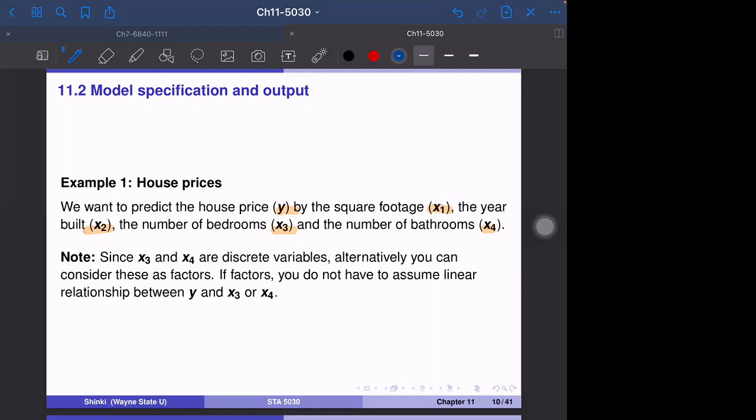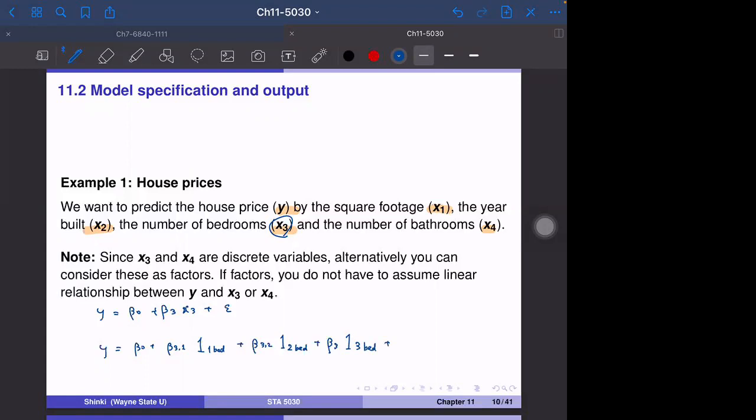Suppose we only have x3, then y is equal to beta naught plus beta 3 x3. This is the usual linear model, but if x3 becomes a factor, we can say beta 3(1) times the indicator variable of the 1-bedroom houses, plus beta 3(2) times the indicator variable for 2-bedroom houses, and beta 3(3) times the indicator variable of the 3-bedroom houses, and so on.